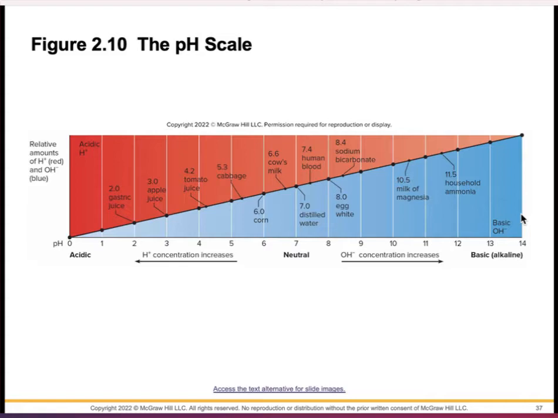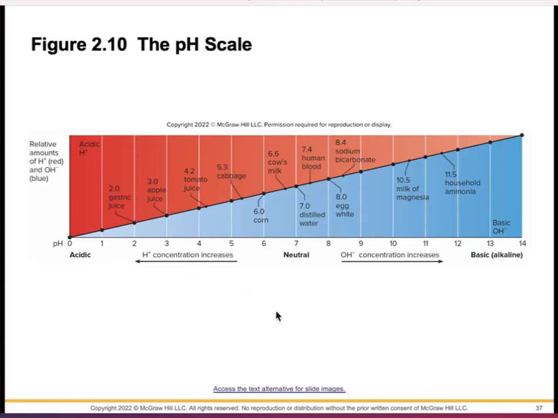We see at the bottom of the illustration those arrows indicate that the hydrogen ion concentration is decreasing from pH 1 to 7, excuse me, from 7 to 1 it is increasing, because you're going to get more acidic as you go down.